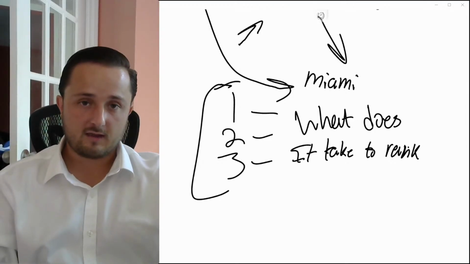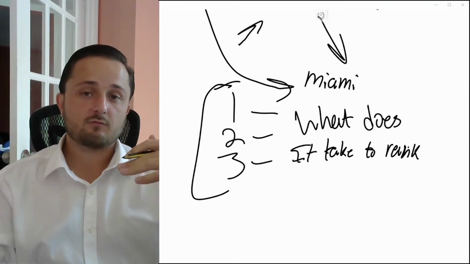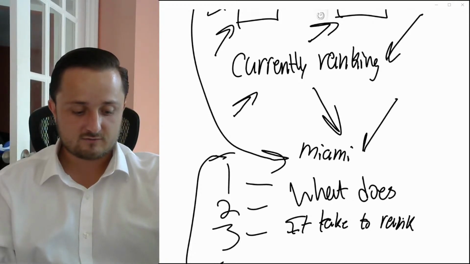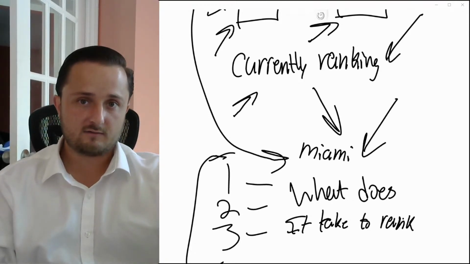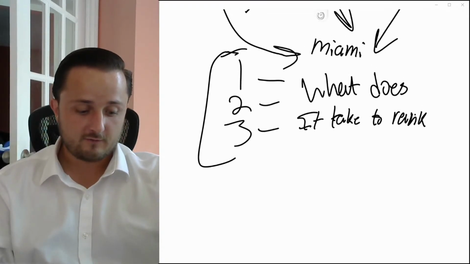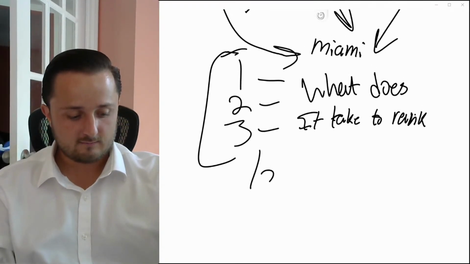So then we find out that Google thinks this is required to rank locally, and then we can also start gathering information from other super competitive areas like Miami as an example, so that we can also find the difference from locally, what it takes to rank.